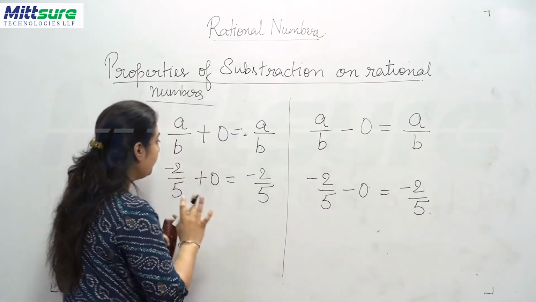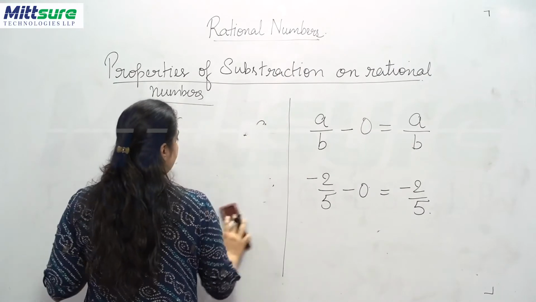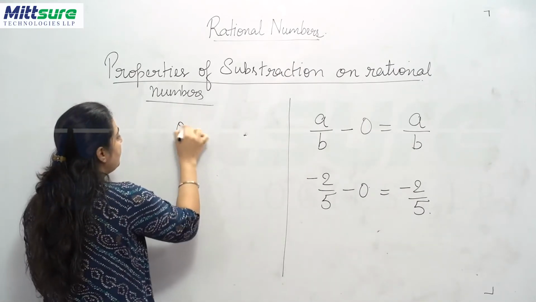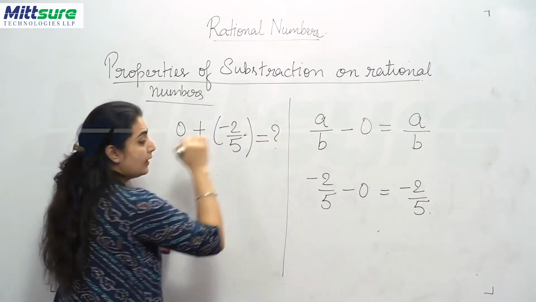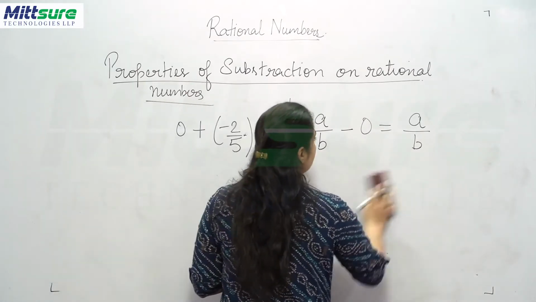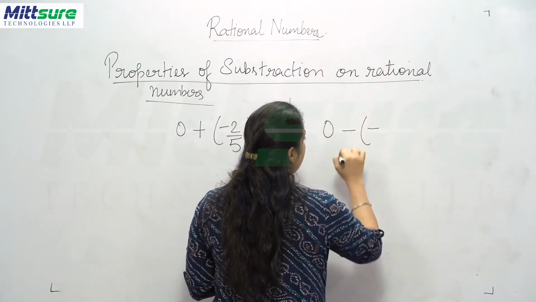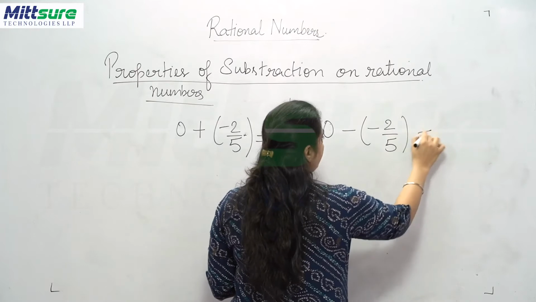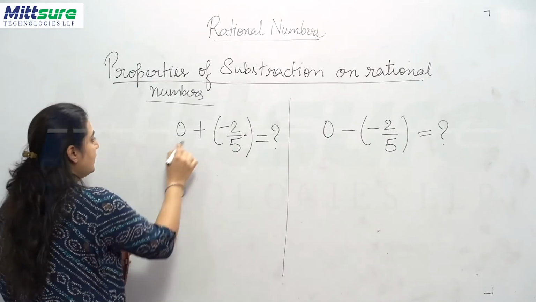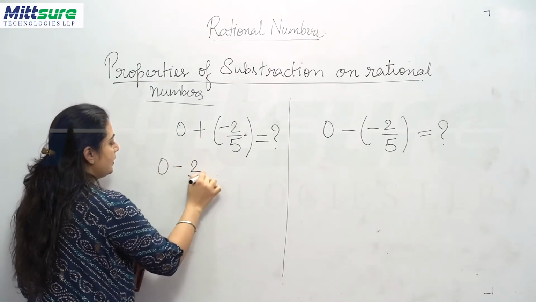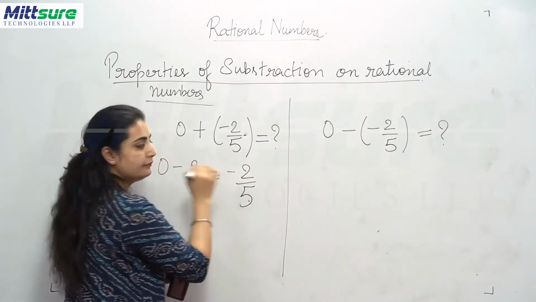Clear? But suppose I change the condition here, that is 0 plus minus 2 upon 5, what will be my answer? And if I write 0 minus minus 2 upon 5, what will be my difference? Is it clear? Let's see this case first. Plus into minus, 0 plus minus 2 upon 5 will give you again minus 2 upon 5.